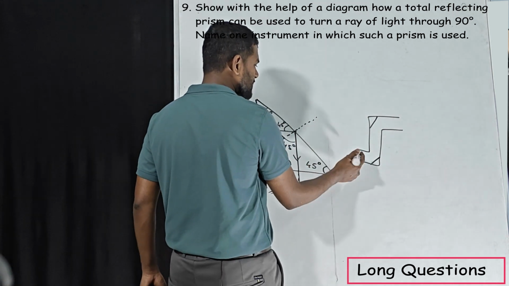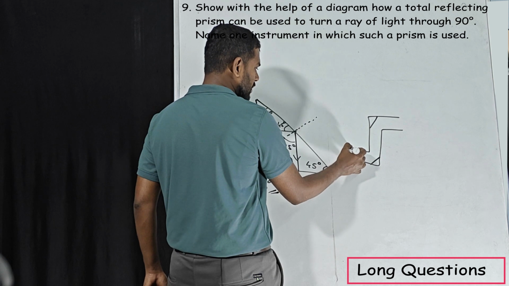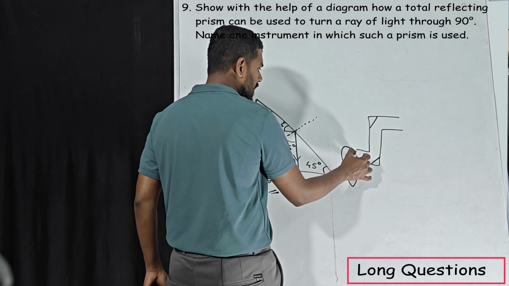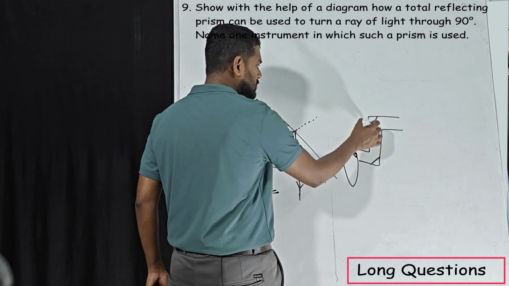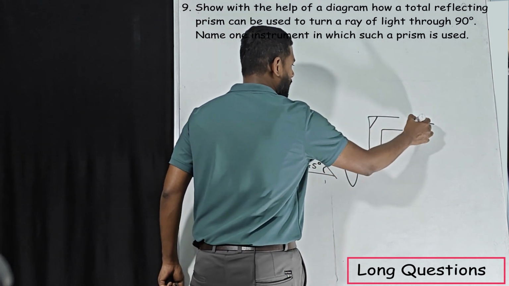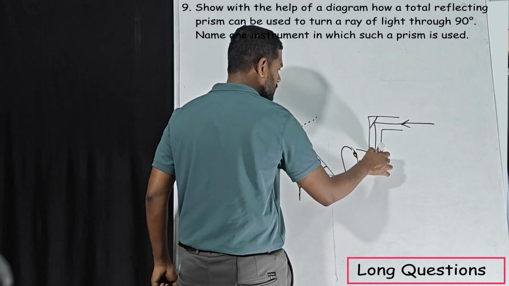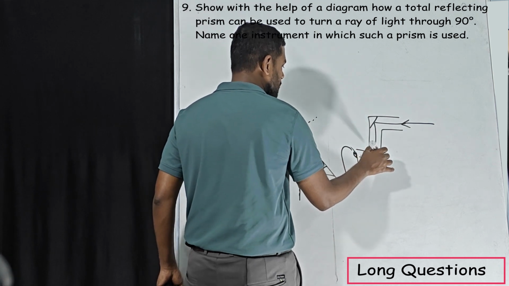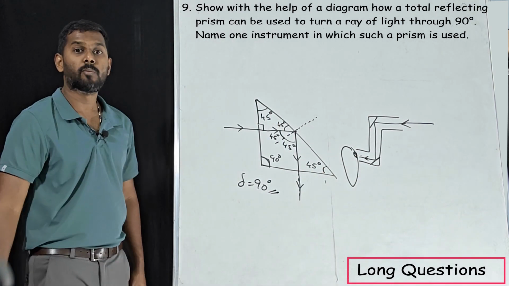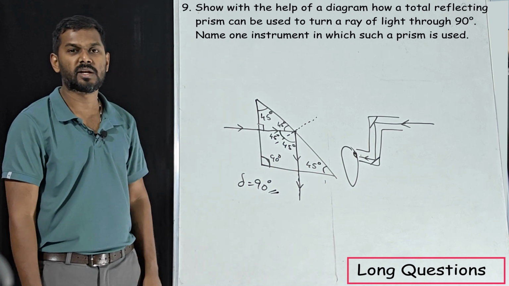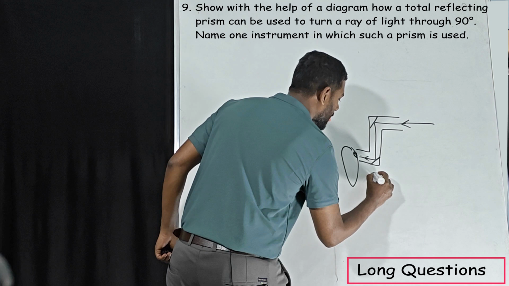Assume this is your complete body height, and this is where your eyes are. So when you use a prism, whatever light enters here, hits here, comes to your eyes. That is why we use a prism in a periscope. This is the instrument, that is nothing but periscope.